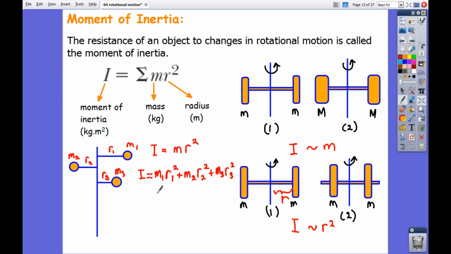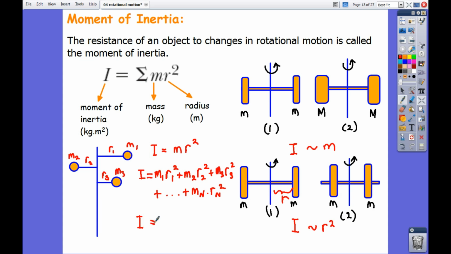What if there is still more? If there are n number of masses, we can write mn times rn squared. If there are 1,000 masses, you have to write all the masses multiplied by the distance squared. In math, we can write it down easily.